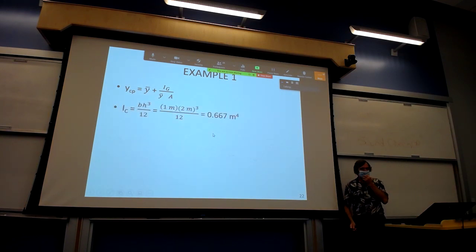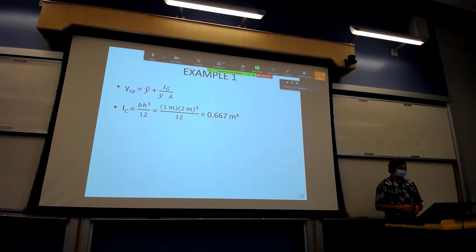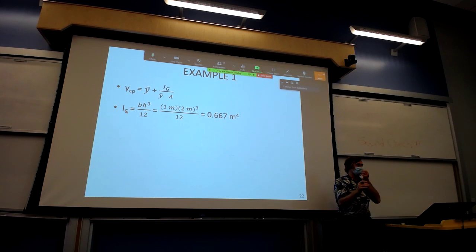So, you go to the back of the book, and you see that for a rectangle, the moment of inertia about the center of area, that should be IG, and I corrected that, but I don't know if I corrected the corrections, is 1/12 b h cubed. And what I reminded you last class, be painfully aware of what they call b and h in these formulas. Sometimes it's going to be turned 90 degrees from what's in the back of the book, and you have to know that.